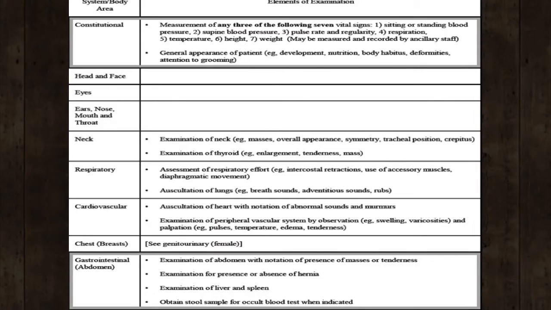And it states you have to obtain a stool sample for occult blood when indicated. In other words, to have a complete exam, it would have to be documented that a test for occult blood was taken or that one was not indicated.